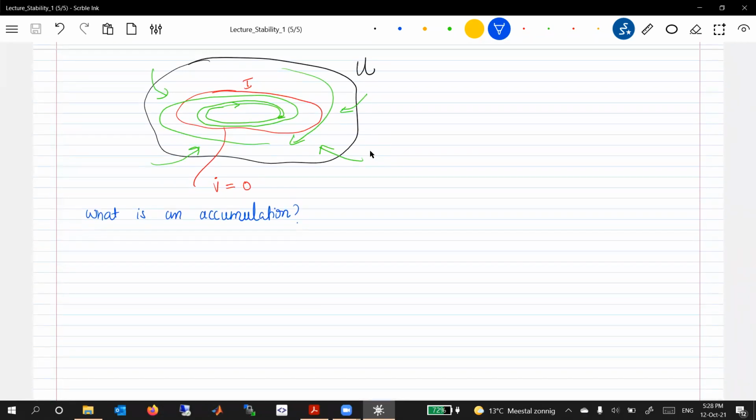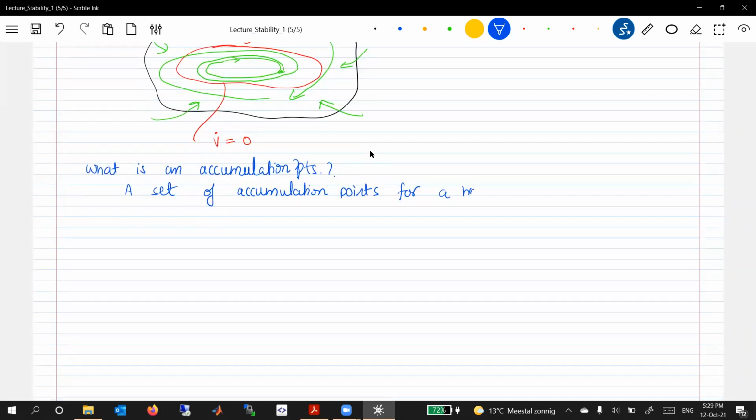If I try to give an exact definition, it's the set of accumulation points for a trajectory.